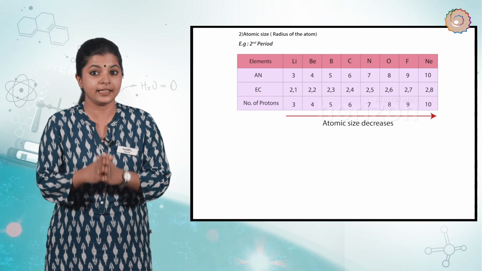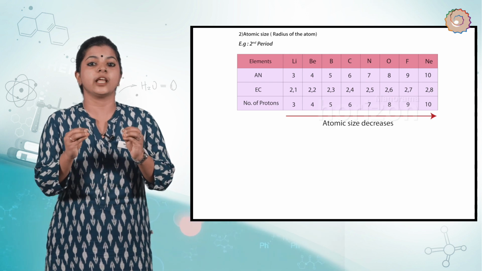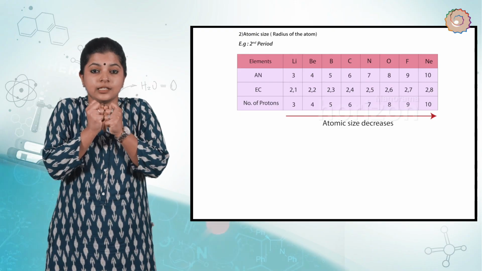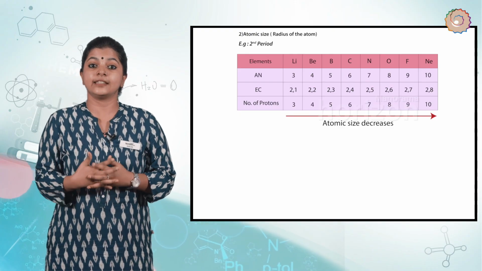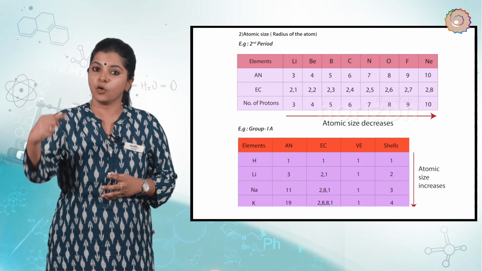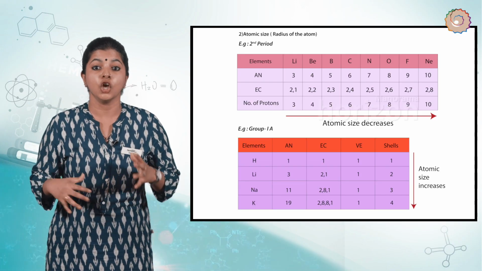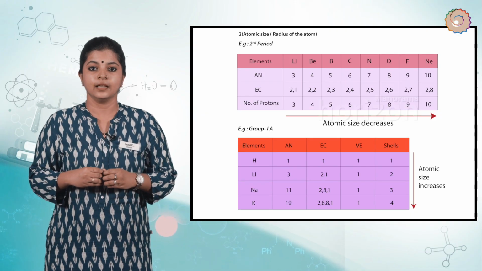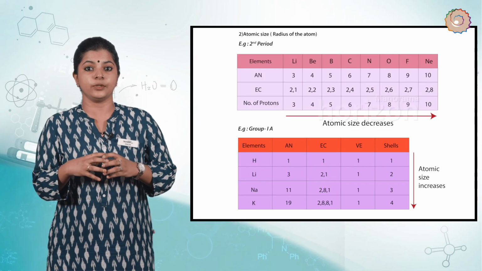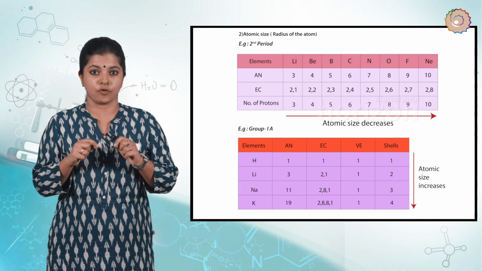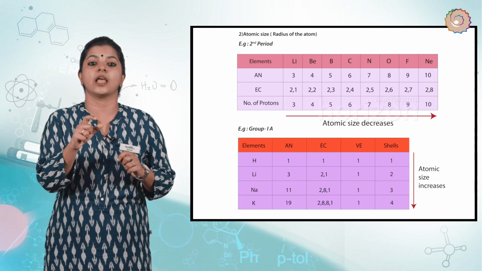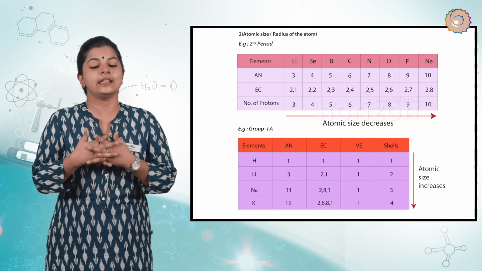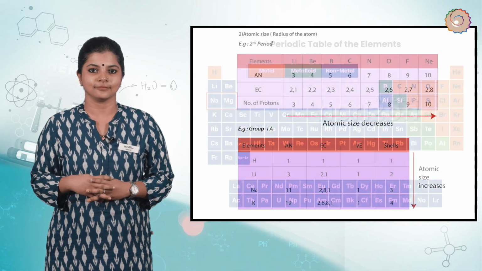This is due to an increase in nuclear charge, which tends to pull the electrons closer to the nucleus and reduces the size of the atom, whereas atomic size increases down the group. This is because new shells are being added as we go down the group. This increases the distance between the outermost electrons and the nucleus so that the atomic size increases in spite of the increase in nuclear charge.